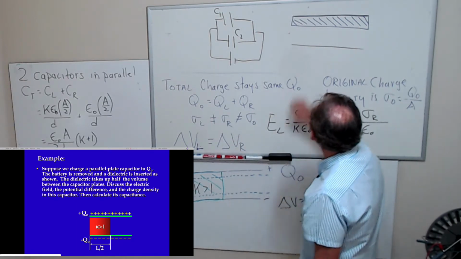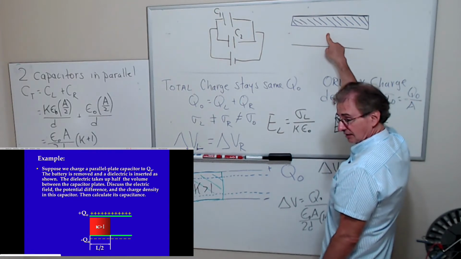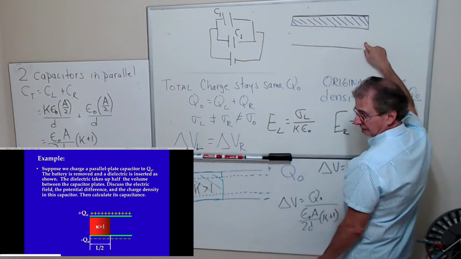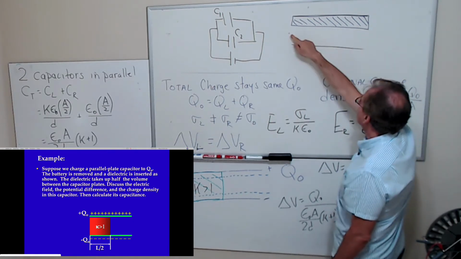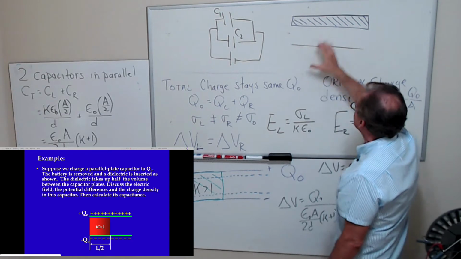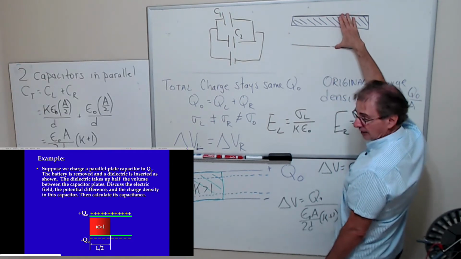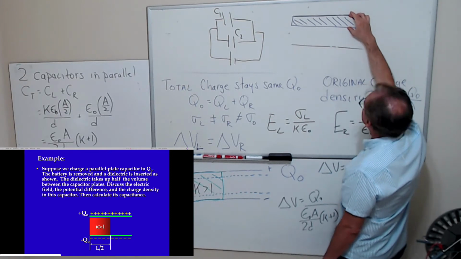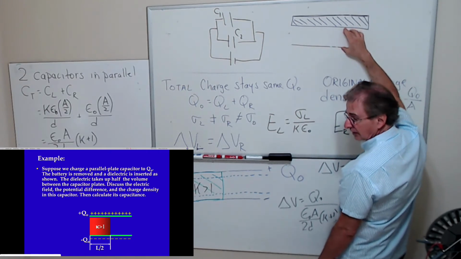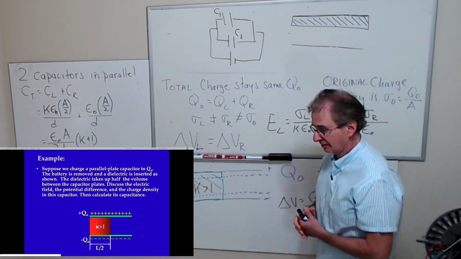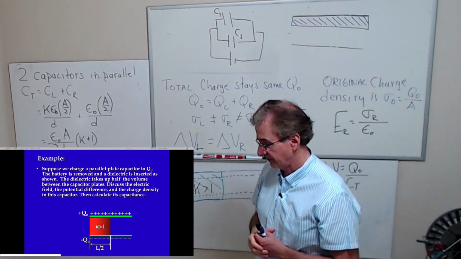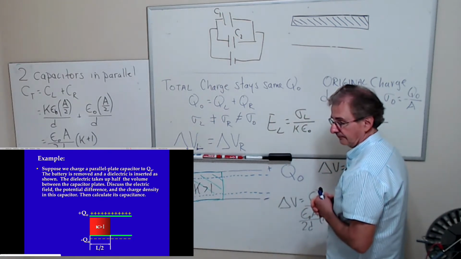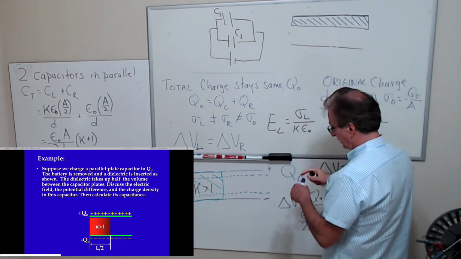Gotcha now. Thanks. Whereas in this case it is different, because for the total delta V, all you got to do is draw your equal potential lines. The total delta V between these two plates is the delta V across this dielectric plus the delta V across this dielectric. That's a series connection. Okay.